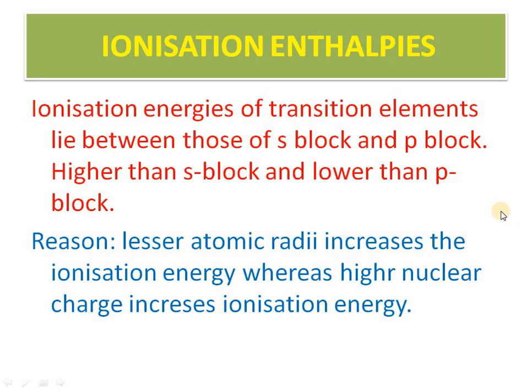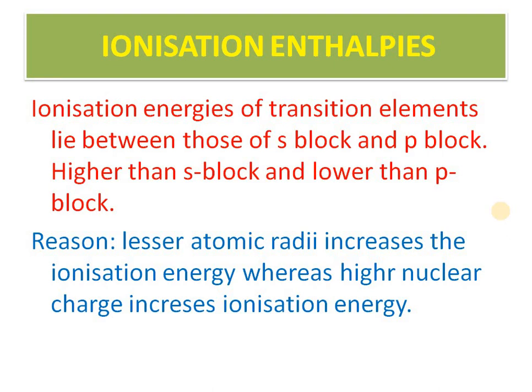So let us see and discuss more about ionization enthalpies. You know that ionization energy is the amount of energy required to remove an electron from an isolated neutral gaseous atom to form a positive ion. The ionization energy of transition elements is between those of s and p block elements. Why? Because s block elements have larger atomic size and p block elements have the least atomic size. Ionization energy depends on atomic size, therefore it is in between s and p.